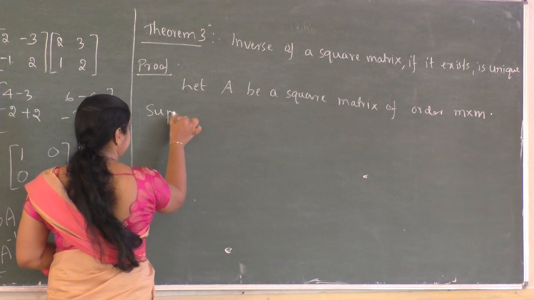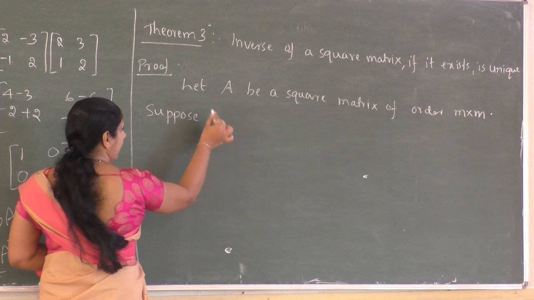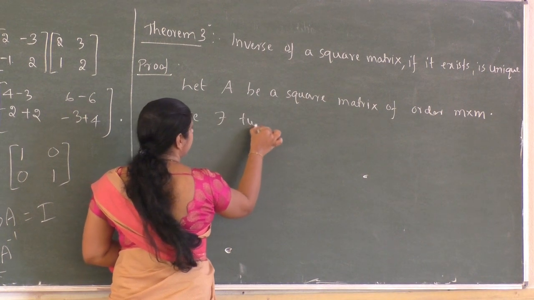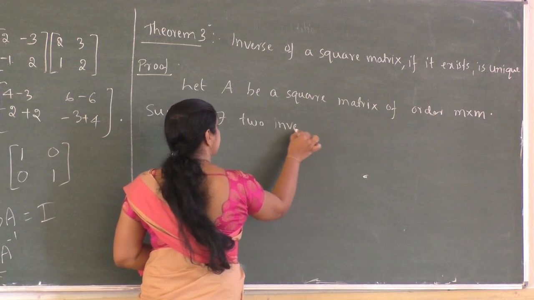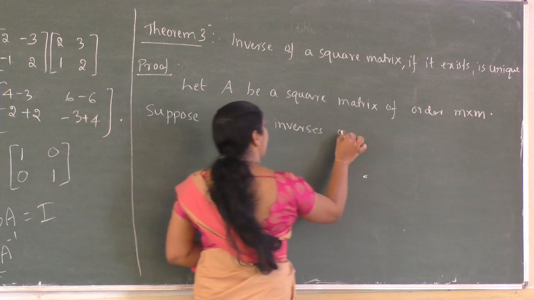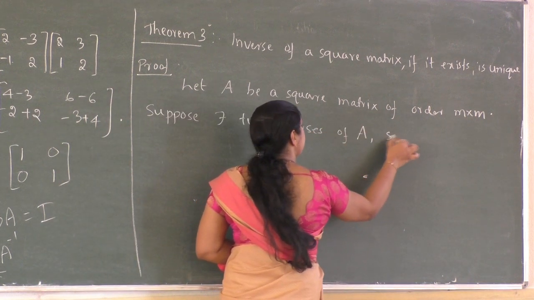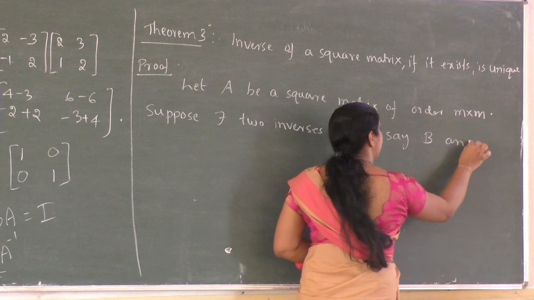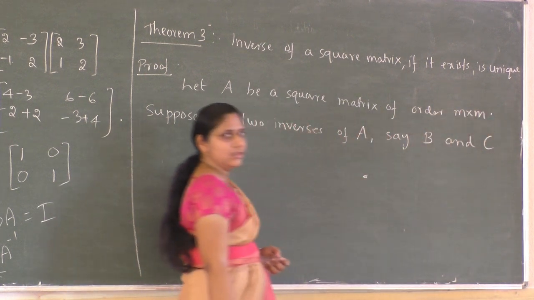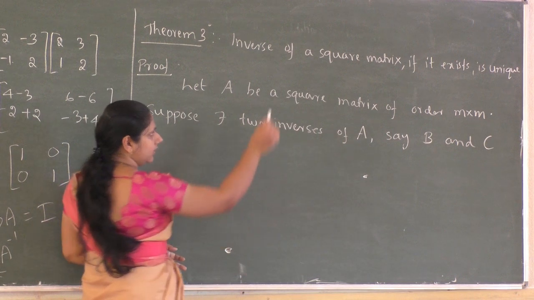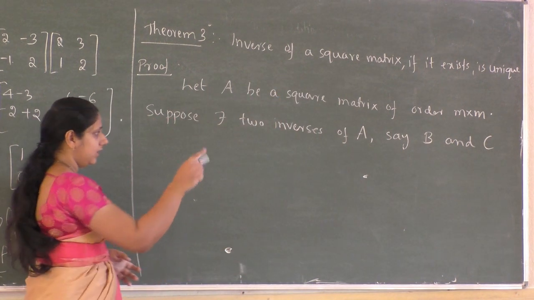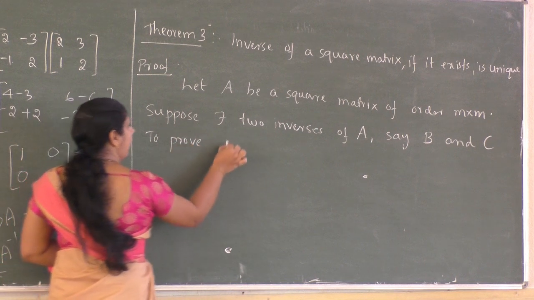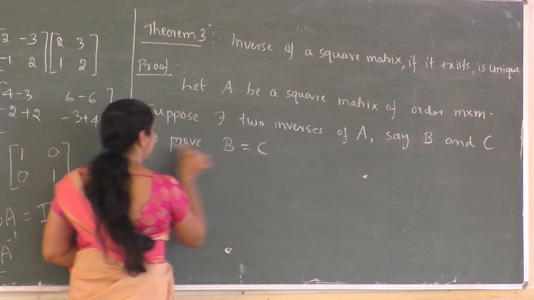Suppose there exist two inverses of A, say matrix B and matrix C. We have to prove here there exists only one inverse. That is, here to prove matrix B is equal to C.